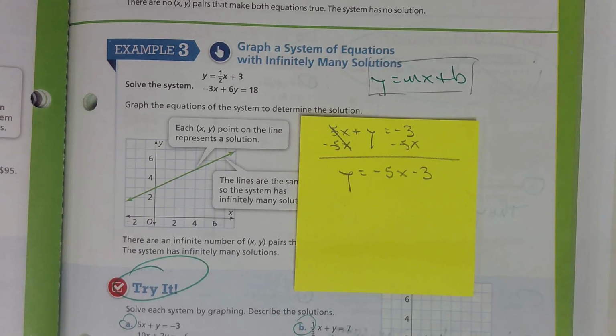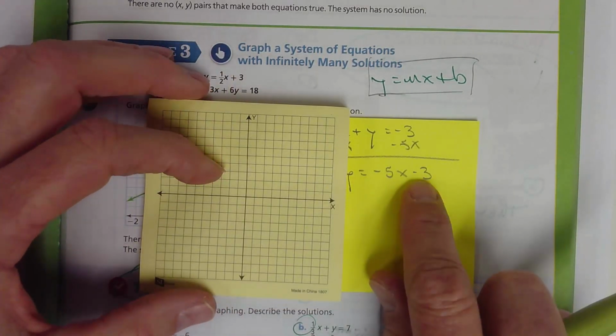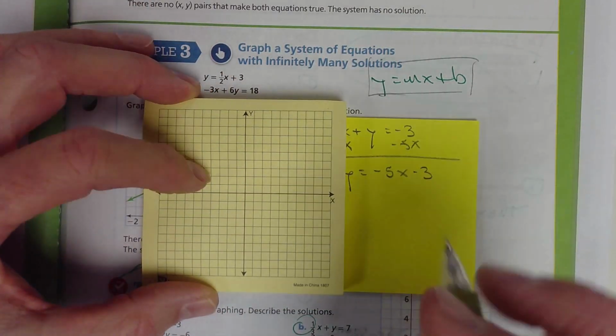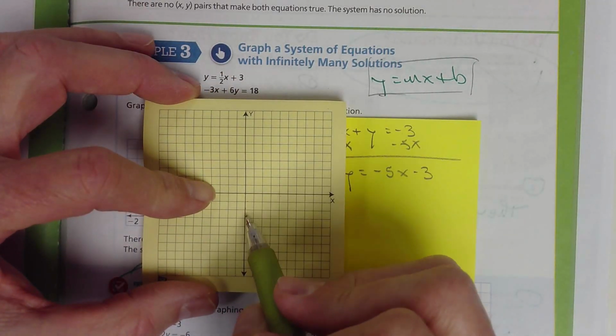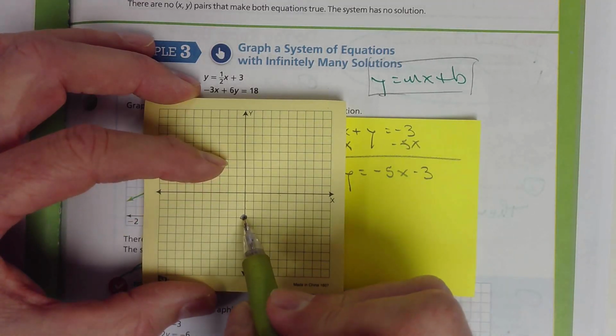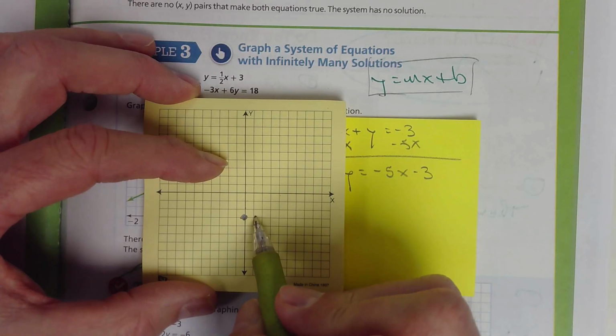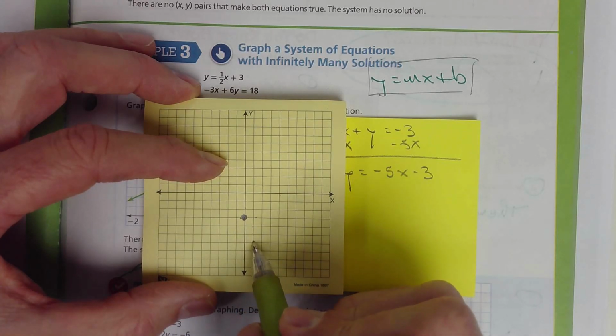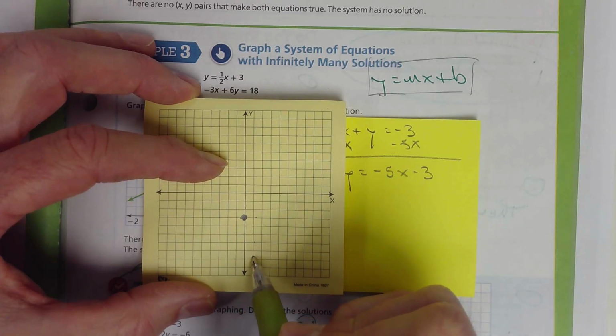So I could add some graph paper. Here's my graph paper. The y-intercept is -3, so I could just go down 1, 2, 3. And the slope is -5, so I'll go over 1 and down 5. 1, 2, 3, 4, 5.